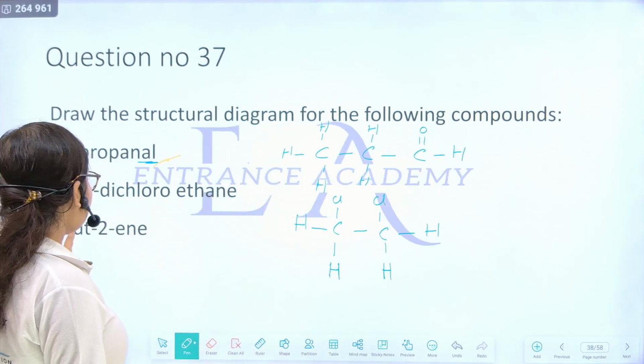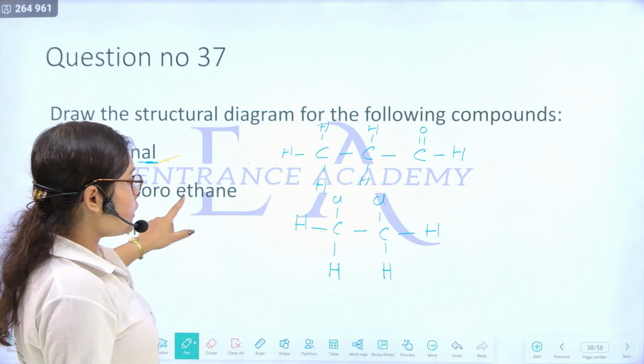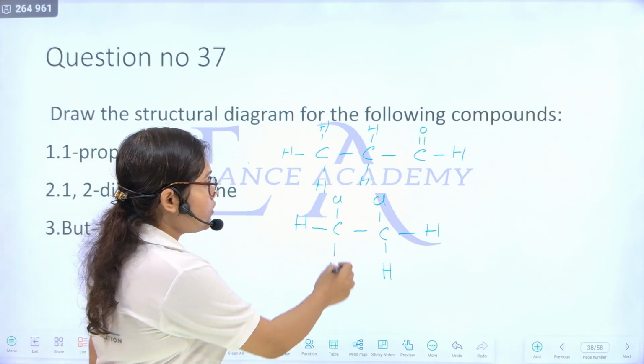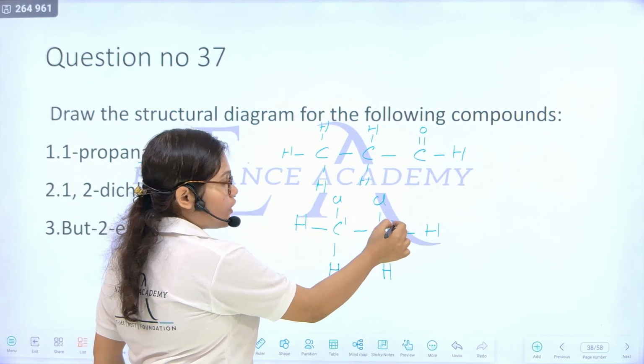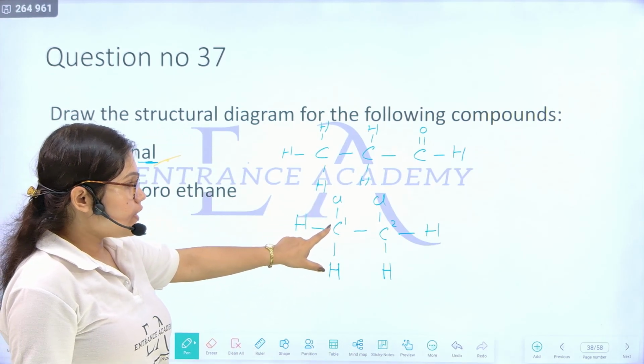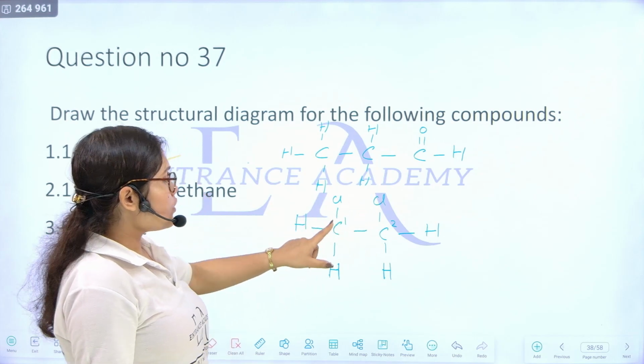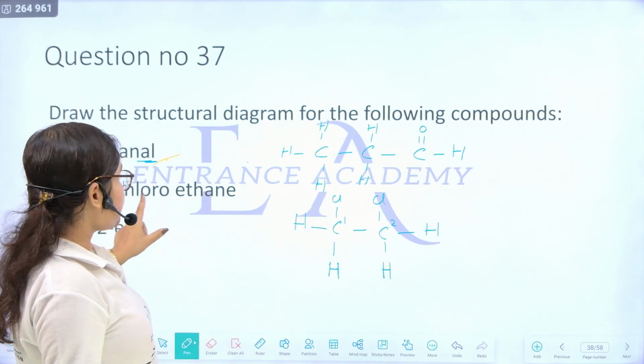This is the first carbon. This one is the second carbon. One chlorine atom on the first carbon, and on the second carbon we have another chlorine atom. So the structure of 1,2-dichloroethane is this.